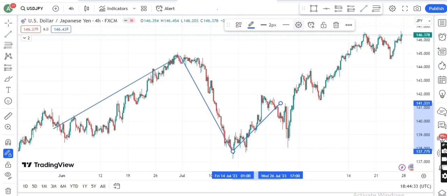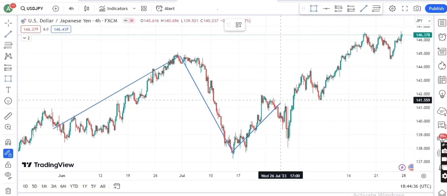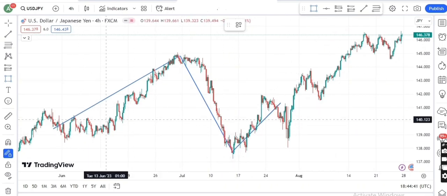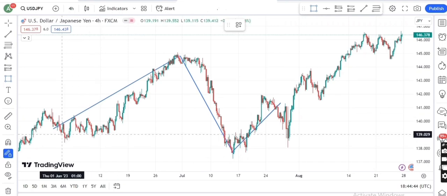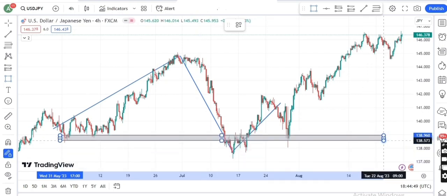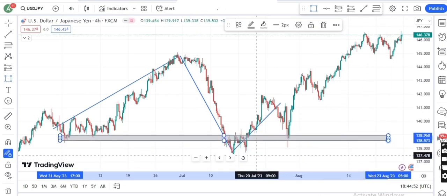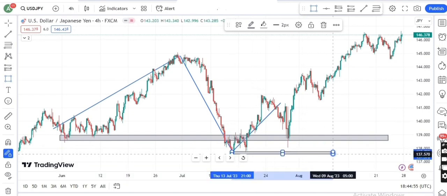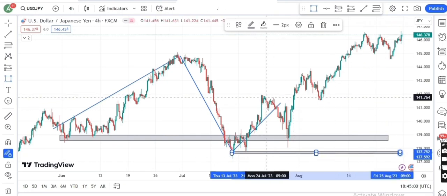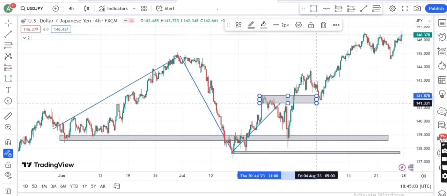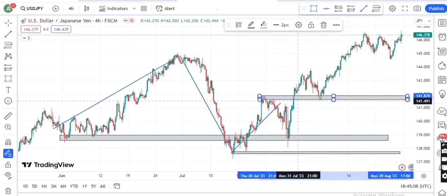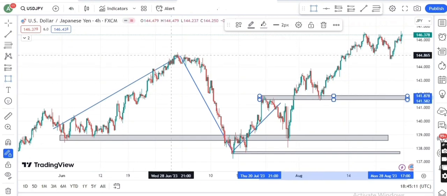Now that we see that the market is moving upward, what you first have to do is identify our levels, our support and resistance levels. So you have to identify all these big levels. You identify this level, you identify this level also, you will identify this third level also, and you will identify this resistance level here.